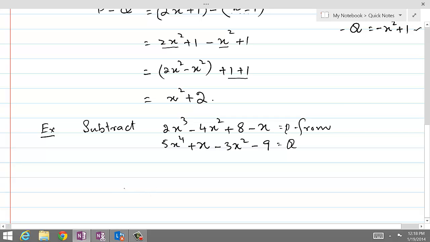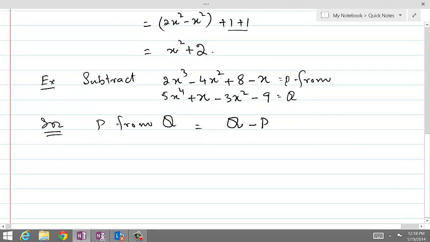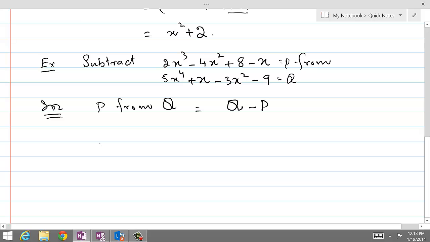Now, solution. P from Q, that's an English statement. And how can we write it mathematically? That would be written as Q minus P. Let's write down Q first.